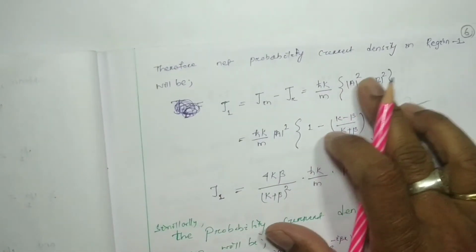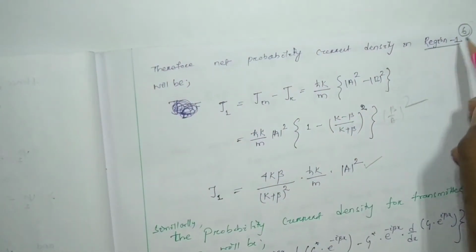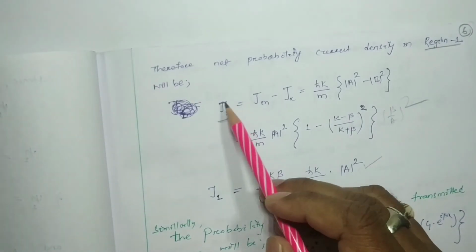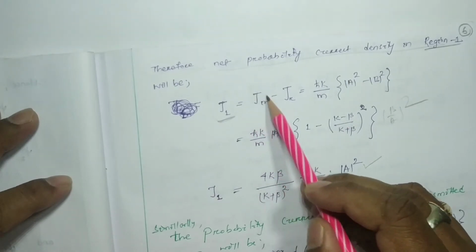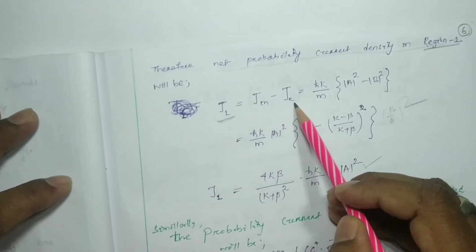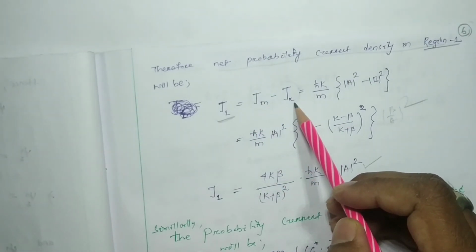Therefore, what will be the net probability current density in region 1? In region 1, J1, the net current density, will be the incident current density minus the reflected current density.